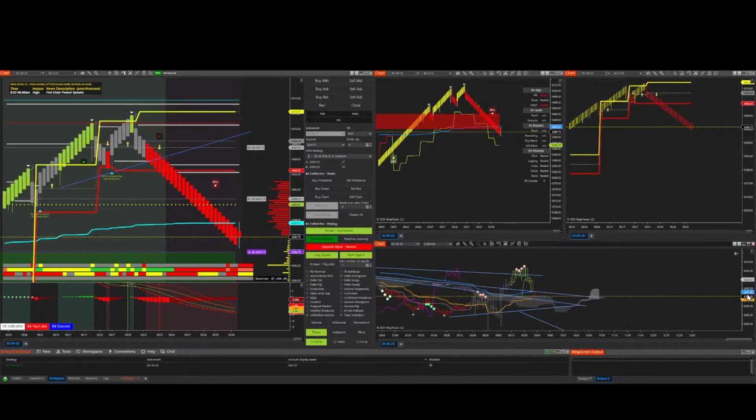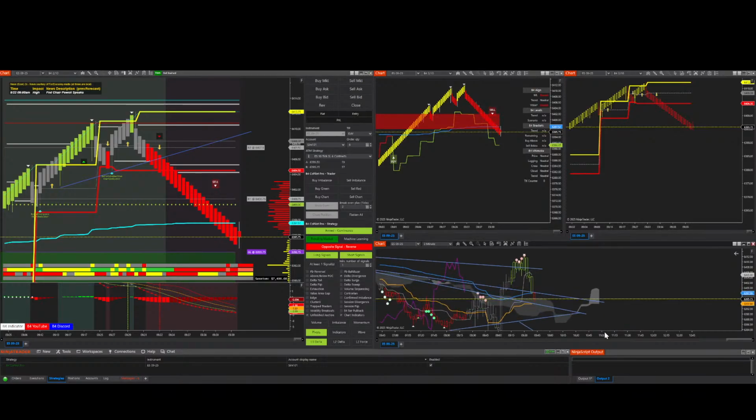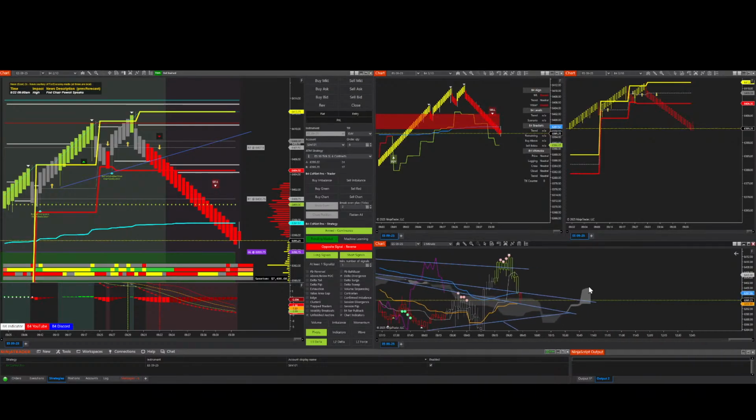But I would like to have confirmation with my cloud, with my lines on my cloud starting to turn up. I'd be looking for some confirmation from the Hane lines in Ichimoku.